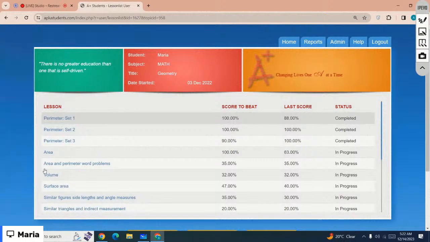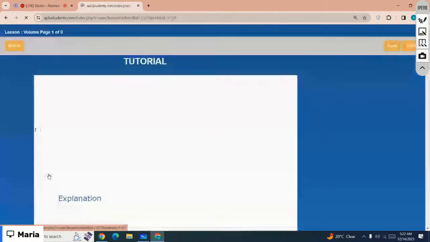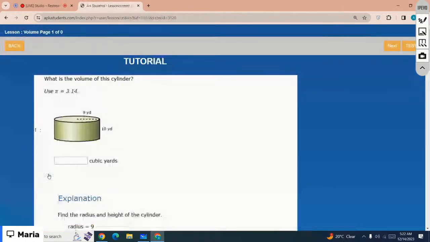Yes, it is volume. Volume is also different for different shapes, right? For example, the first one is, what is the volume of the cylinder? You need to calculate the volume of a cylinder. How do you calculate the volume?